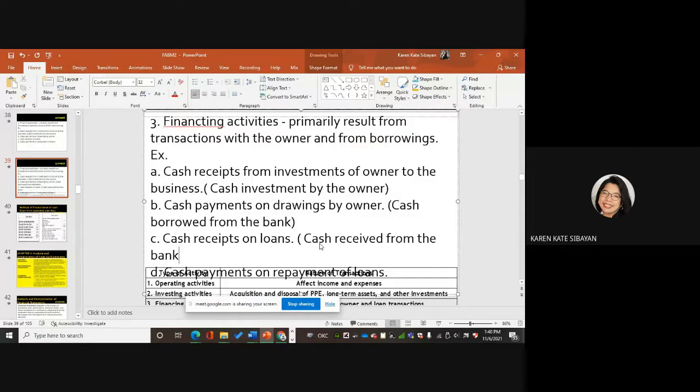It can be from the bank or others. So, it depends ha. Depende kasi sa problem kung naka-specify doon kung saan niya ba kinuha. It can be, hindi sa bank siya nag-loan, possible na sa isang lending institution. So, siguro mas safe na lang na cash received on loans. Basta at least alam mo kung saan nanggaling, class. Okay?